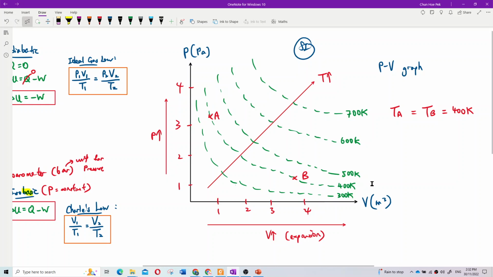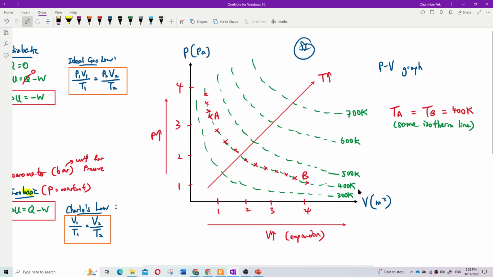Because they are on the same isotherm line. That means all the points along this isotherm line, along this 400 Kelvin line, have the same temperature, 400 Kelvin.